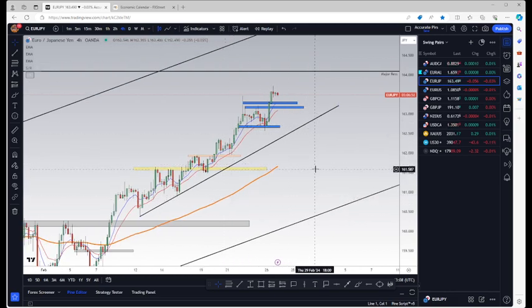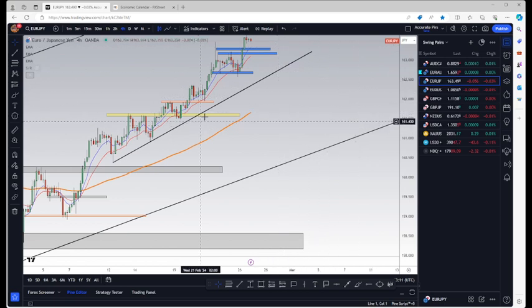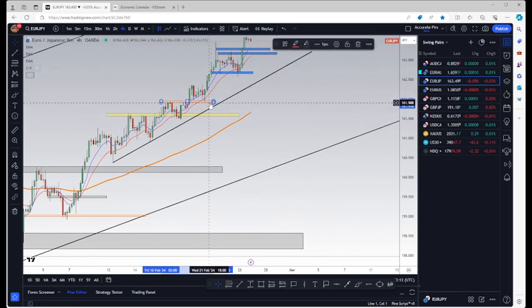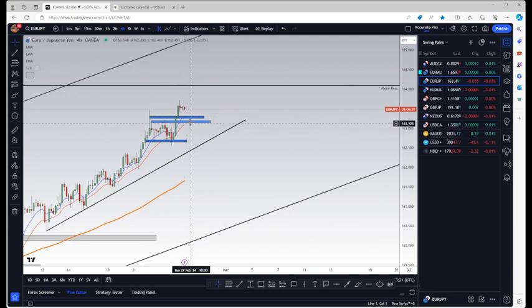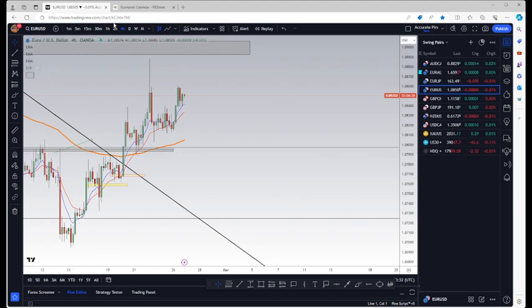If we get a break of this trend line, expect price to drop. Euro JPY. So for now, for EJ, see if you can get a retest from any of these two support areas, then we should have that move towards the upside. Alright, that's EJ. Let's move on to Euro USD.